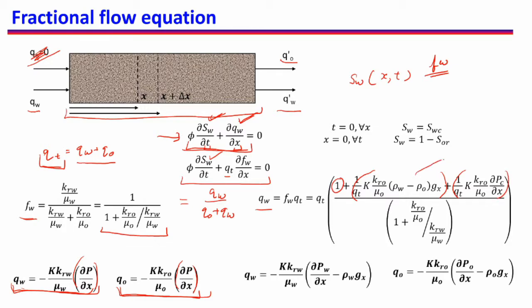We will talk about details of these terms in later videos, and the denominator still remains the same. When we do not consider any density difference, or we consider gravity to be zero in the direction of flow, this term cancels out, and if we do not consider capillary pressure, this term cancels out, and we get the same equation as I have written here.